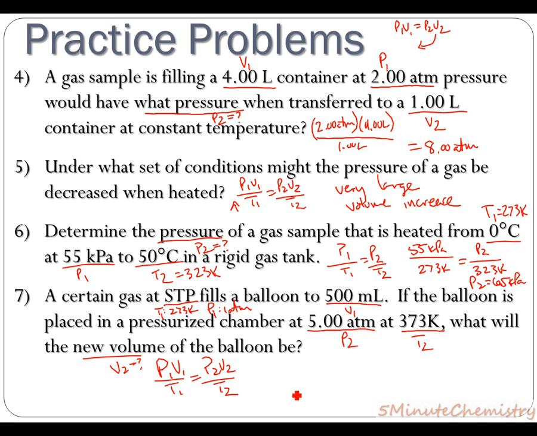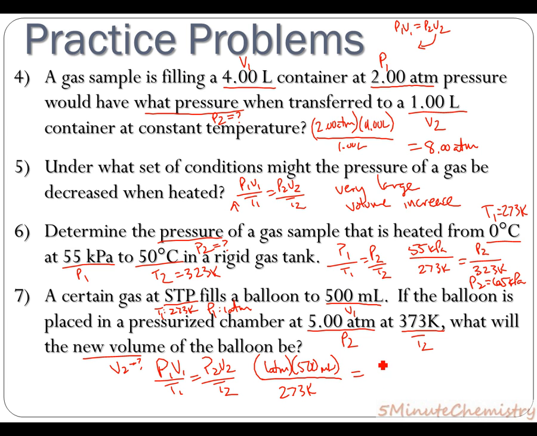So again, we think it's P1 V1 over T1 is equal to P2 V2 over T2. We'll plug in the values we know. We know that our initial pressure is 1 atm, times that volume, 500 milliliters, divided by our T1. In this case, standard temperature and pressure would give you 273 Kelvin.